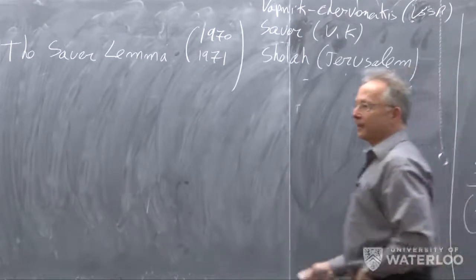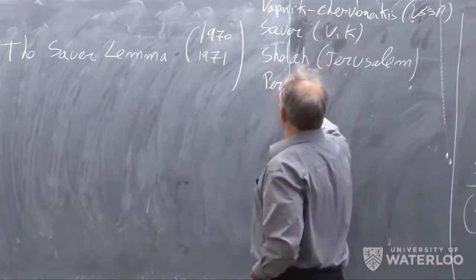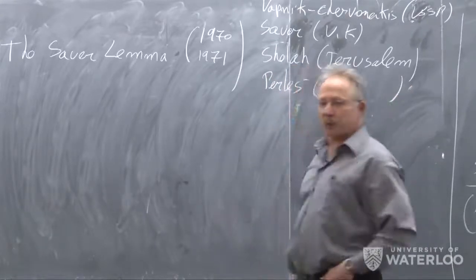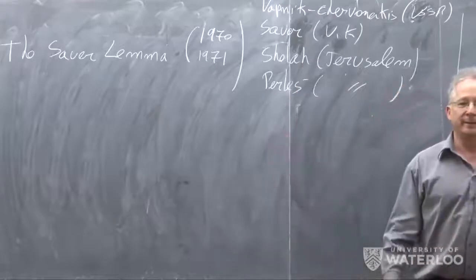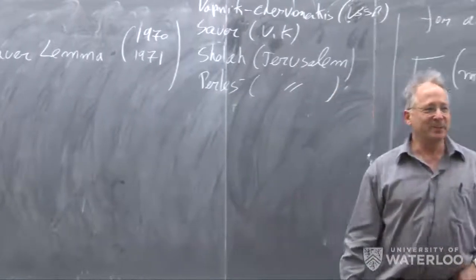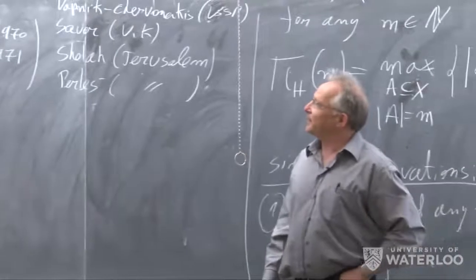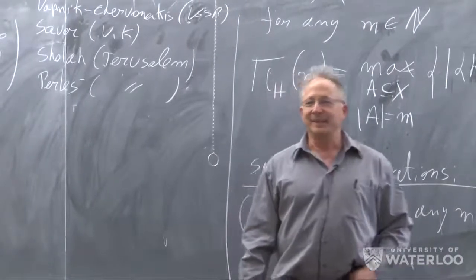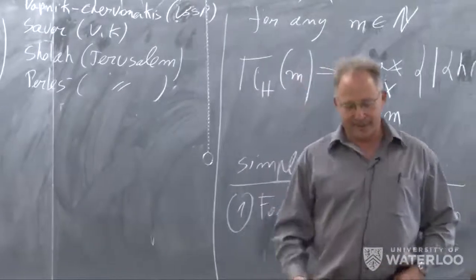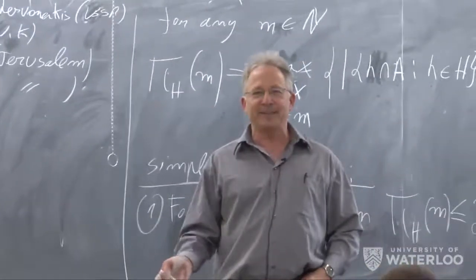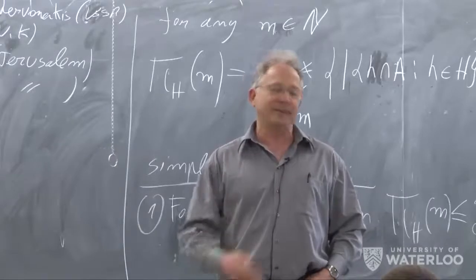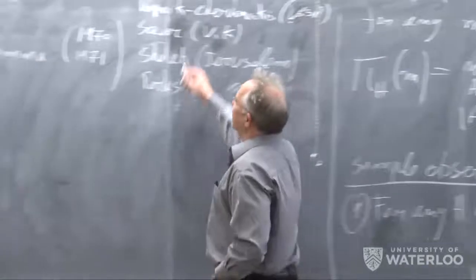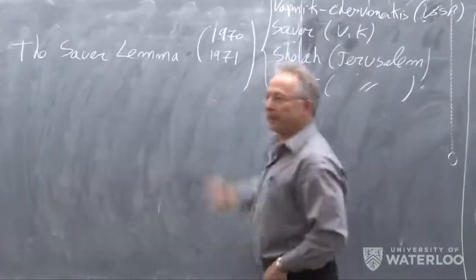It was also discovered by another guy at the Hebrew University, whose name is Perles, also in Jerusalem. And it was actually discovered by Perles twice. So it should be called the Vapnik, Chervonenkis, Sauer, Shelach, Perles lemma. He discovered it and wrote a paper, and then forgot that he already knew it and discovered it again. But somehow it became famous as the Sauer lemma.